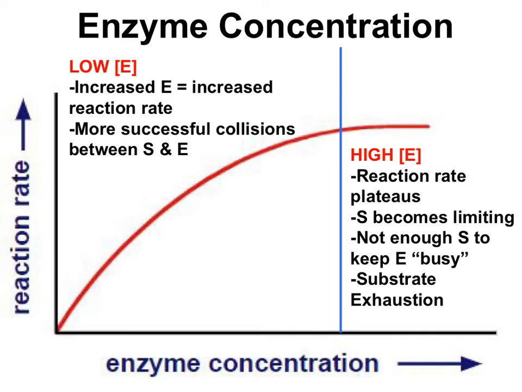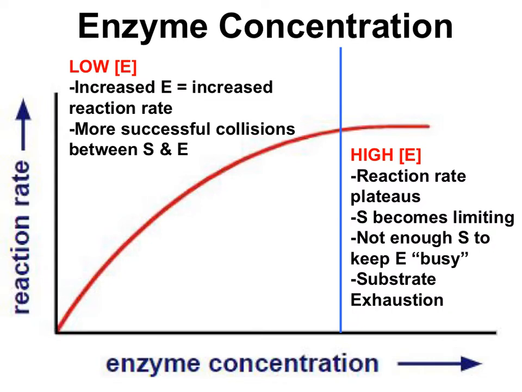The explanation is simply that there are more successful collisions between the substrate and the enzyme. In order to get an enzyme catalyzed reaction, the substrate needs to actually touch the enzyme. If there's more enzymes around, the chances that the enzyme is going to collide with the substrate will increase.